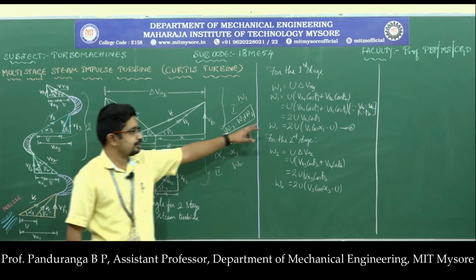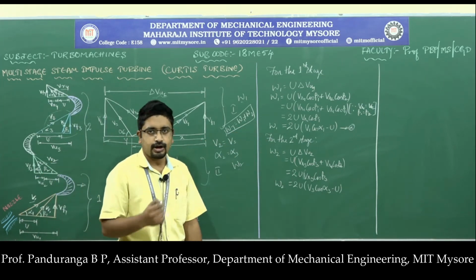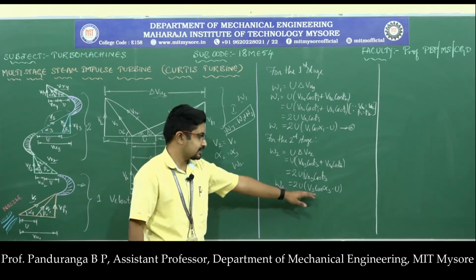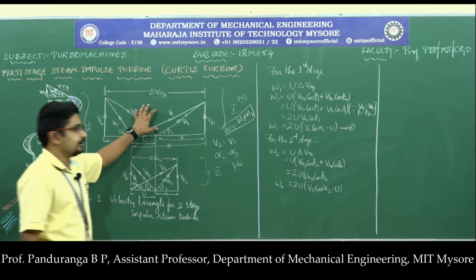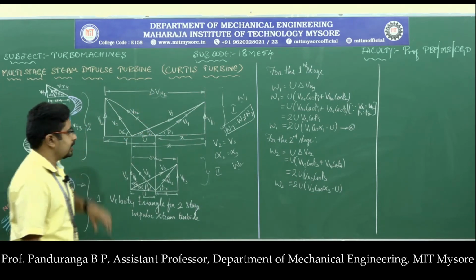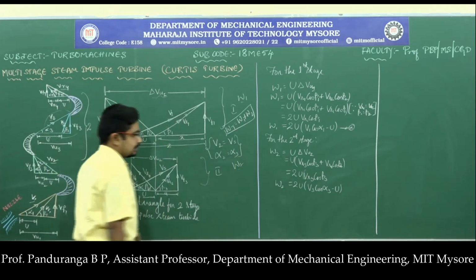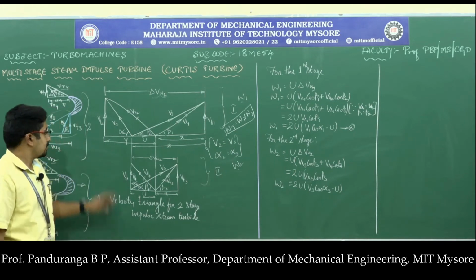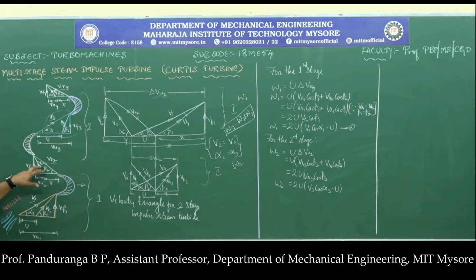Now these two equations are unrelated, so we need to relate them. I need to express V3 cos alpha 3 in terms of the first stage velocity components. Since we are dealing with an impulse stage in velocity compounding with a fixed blade here, V2 should be equal to V3 and alpha 2 should be equal to alpha 3.